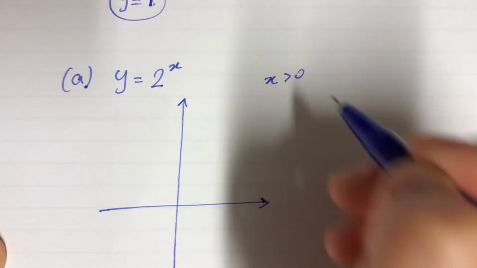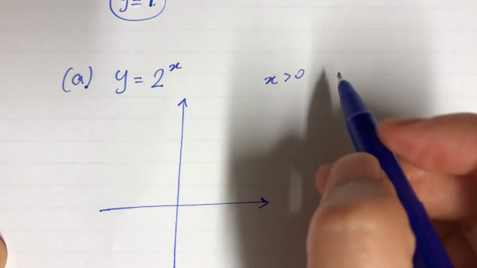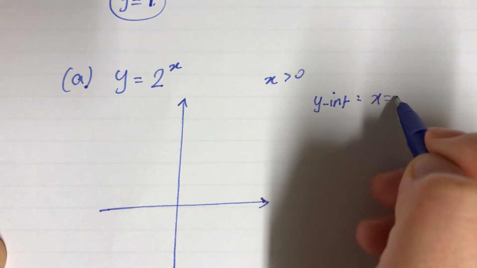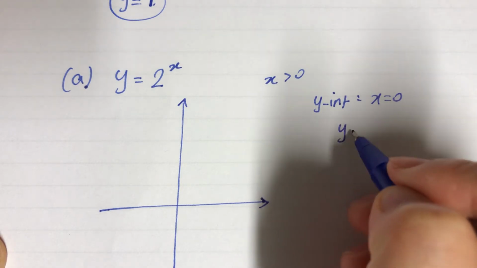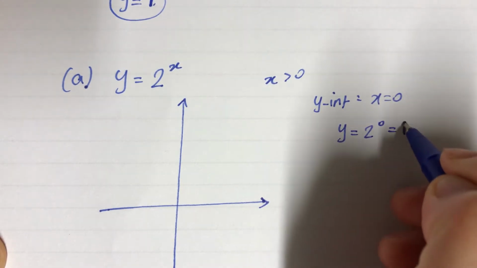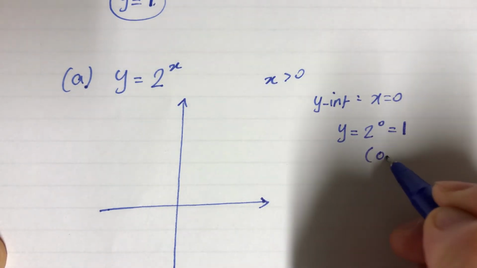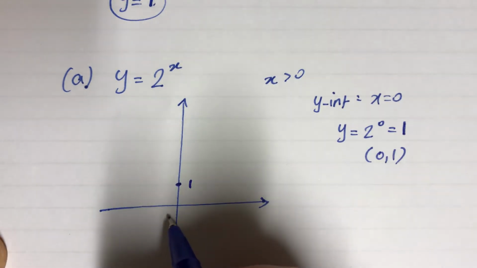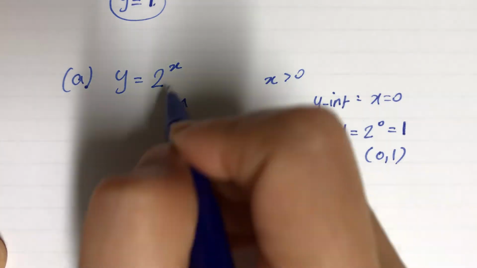So that's positive x. And then what's the y-intercept? The intercept is when x equals 0, so y equals 2 to the power of 0 equals 1. So our point is 0, 1, and it's 0 here, x, y.